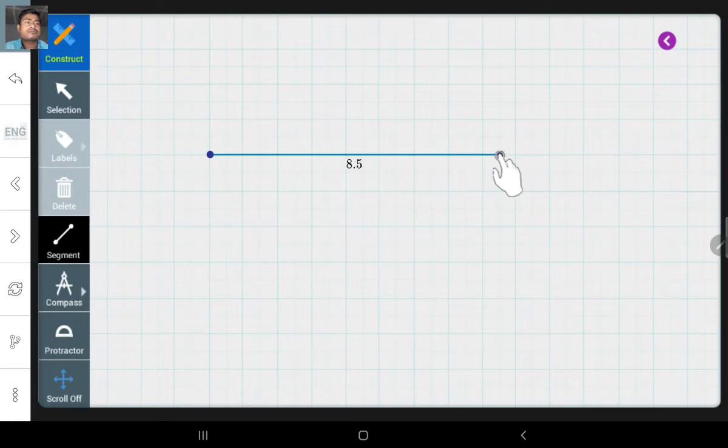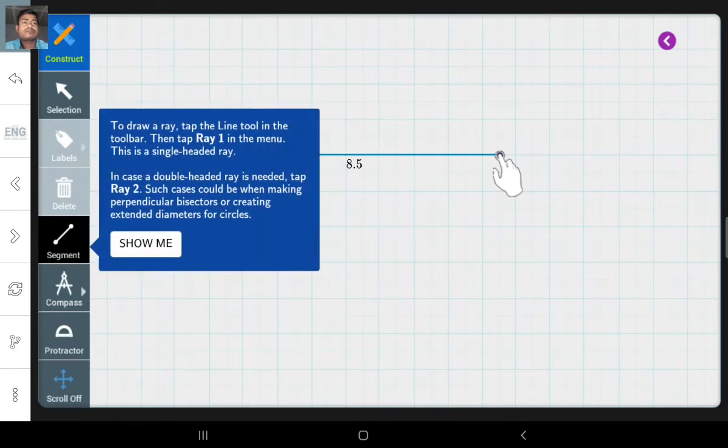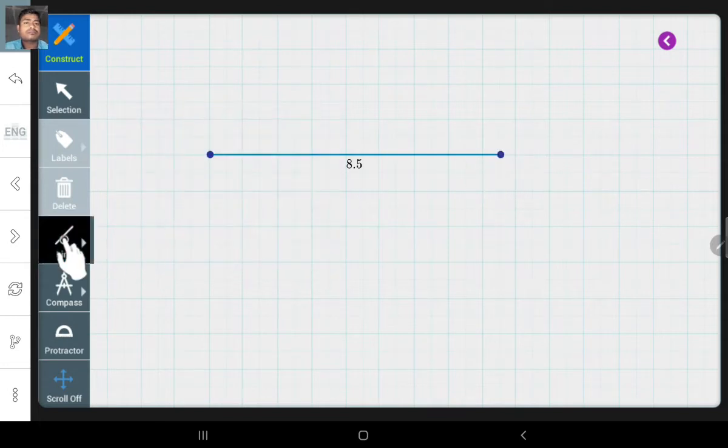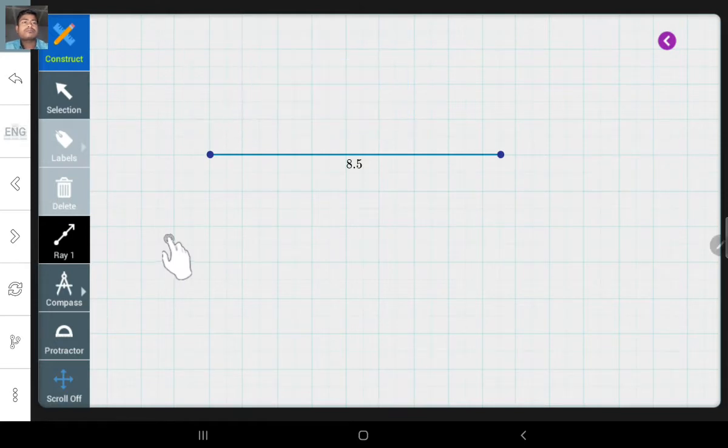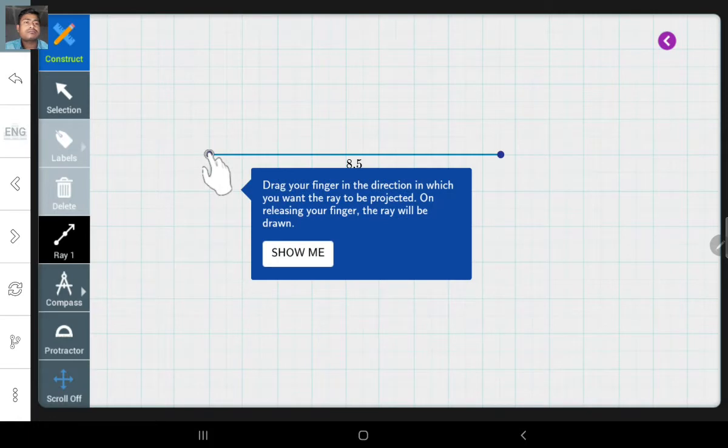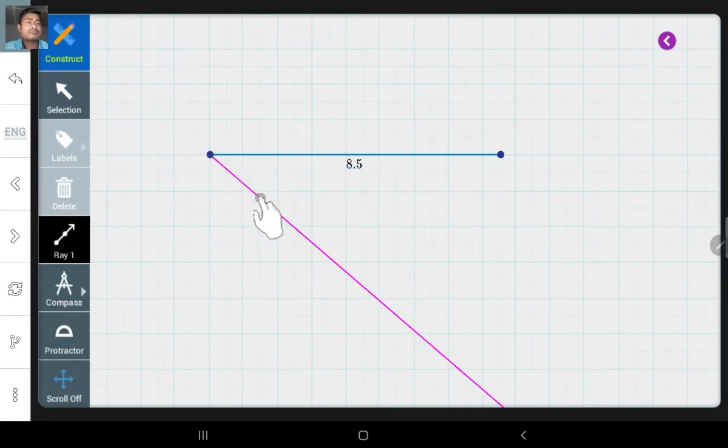Using the line tool, draw a ray making an acute angle with the line segment. If the ray was needed at a particular angle, say 60 degrees, we could have used the protractor tool.